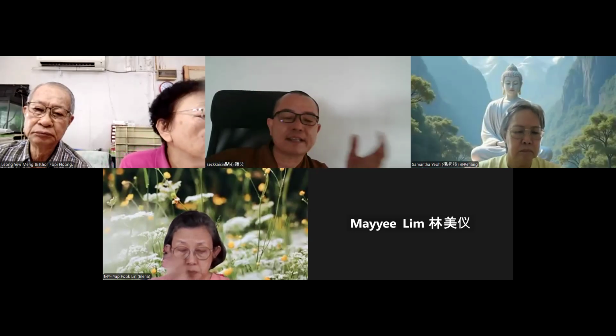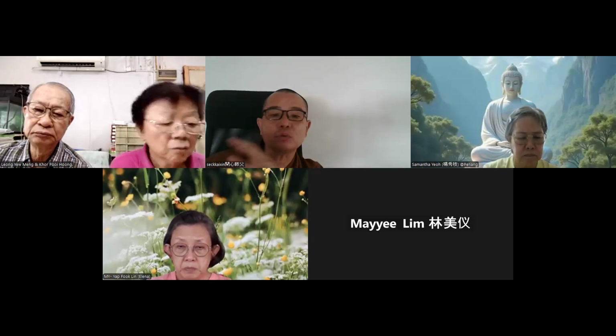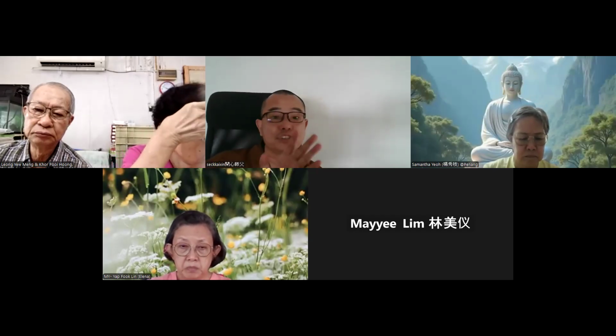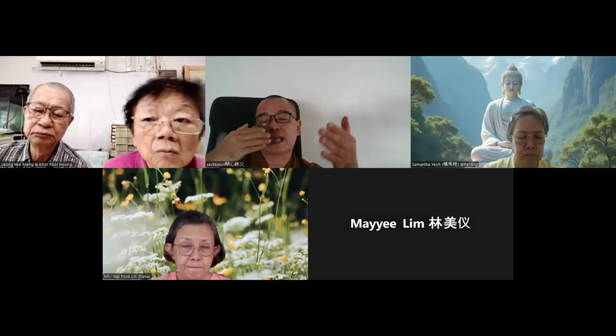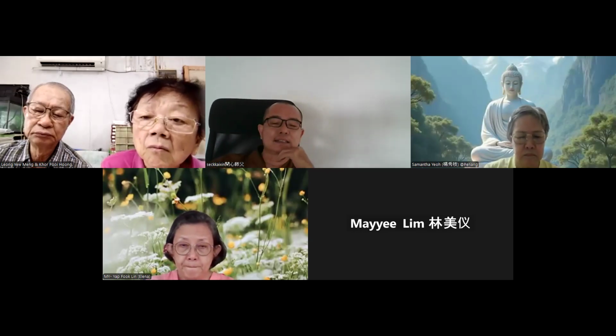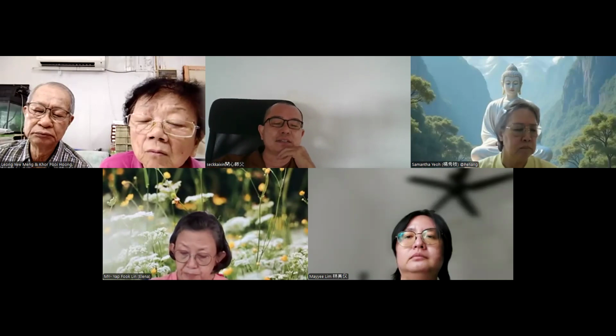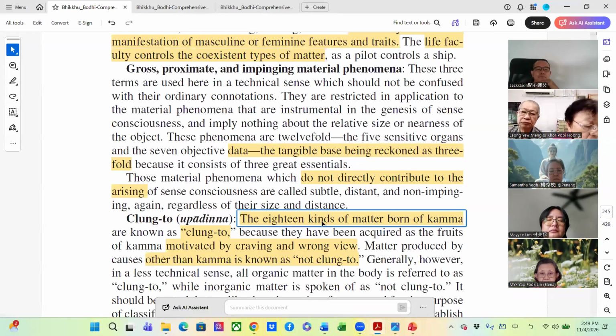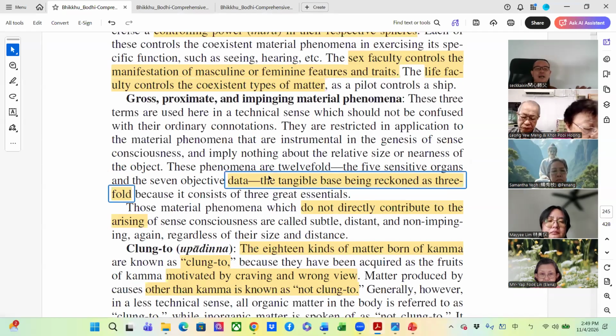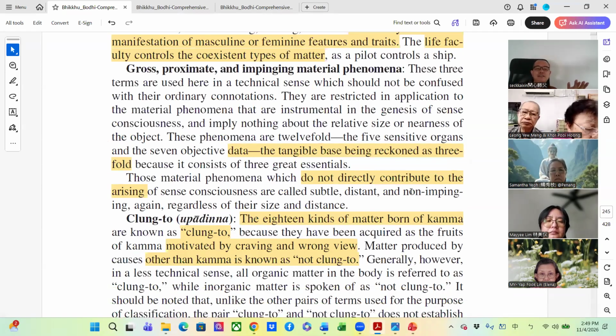So this we call the impinging. Then the rest we call not impinging. Impinging means direct contact. So that's all only impinging material. Then the rest is considered non-impinging.